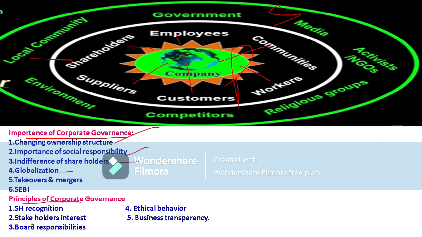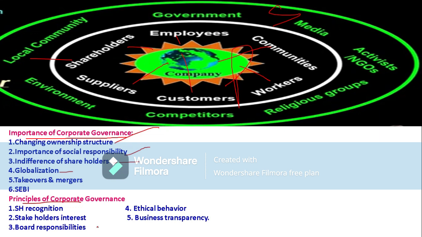And the next one is board responsibilities. Board responsibilities means the principle of corporate governance sees whether the board of directors are playing an important role in the organization or not. Are they following their rights and duties, roles and responsibilities properly or not? Why?